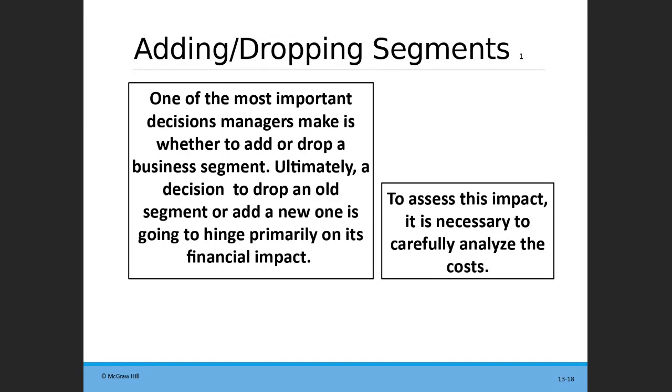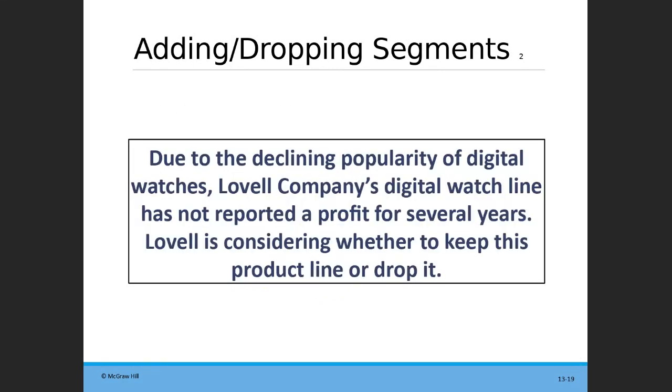If it's not, I don't. If it's going to make me more profit, I want to add it. If it's not, I don't. Whether we drop an old segment or add a new one is primarily based on financial impact, so we have to look at our costs.